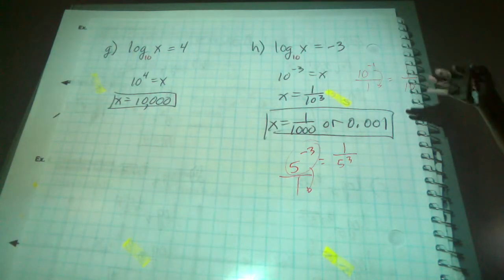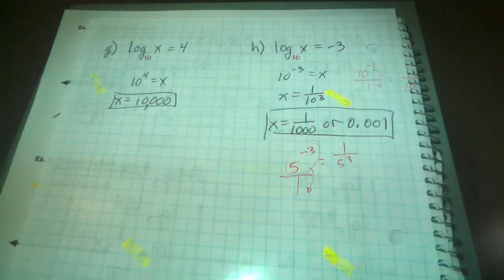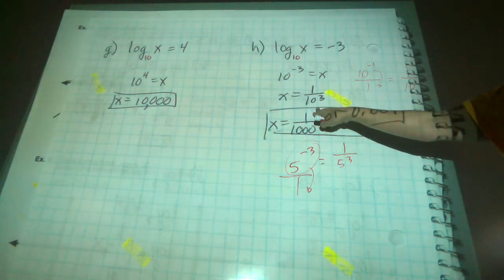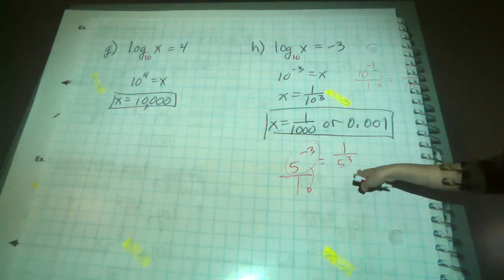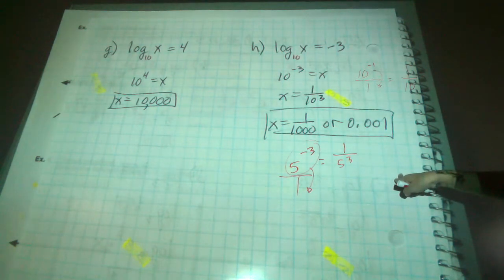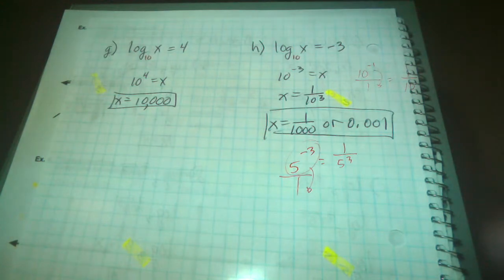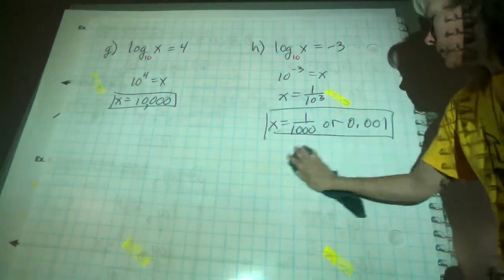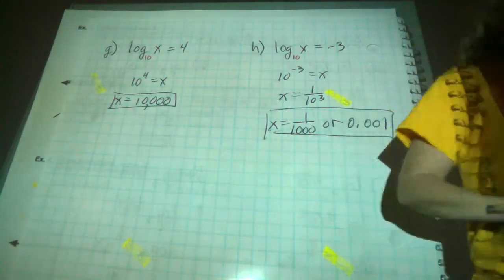So I didn't have to multiply it to anything because it's the first power. So that's the only difference, is you do have an extra step here than we had with the negative 1. Does that make sense? And then here, of course, we'd have to multiply out the 5 three times. Does that help? Yep? Okay. So let's move on to using our calculator. You'll like that much better.